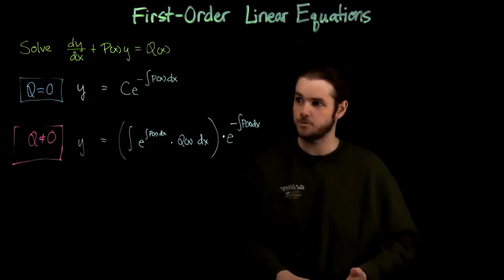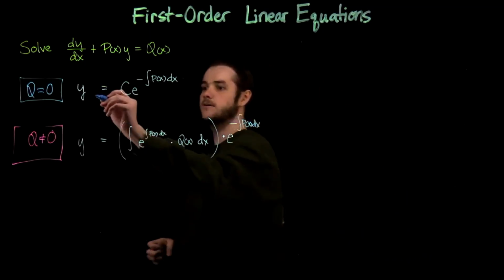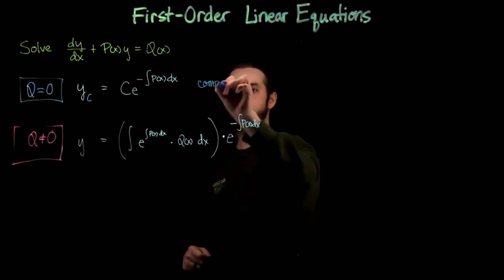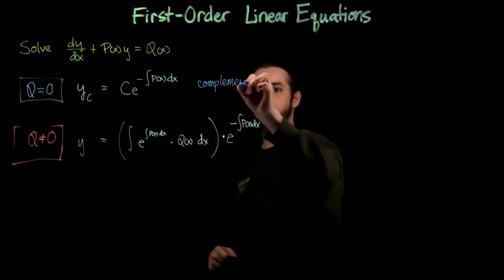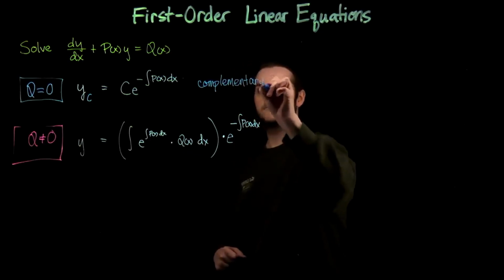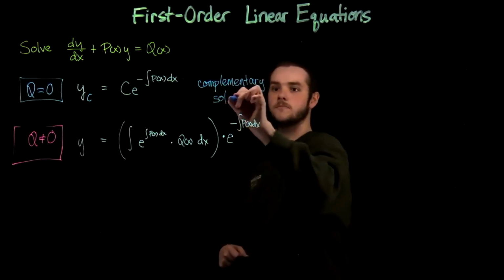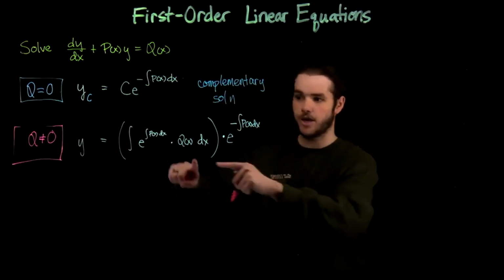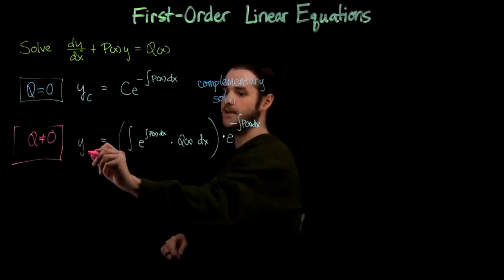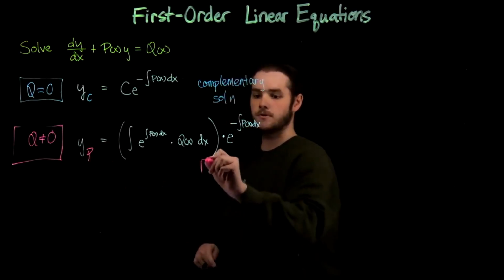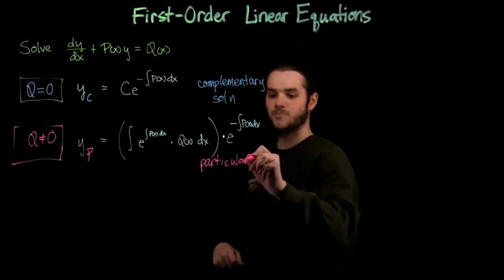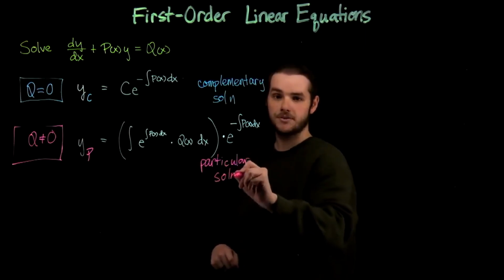For a little bit of language, by the way, we call this yc for the complementary solution. And we call this pink piece down here, when we variate the parameter, a particular solution, because it's only one solution in particular.